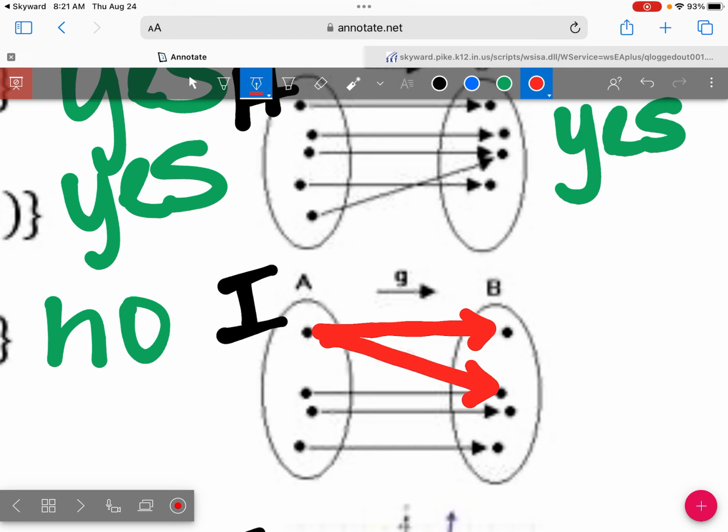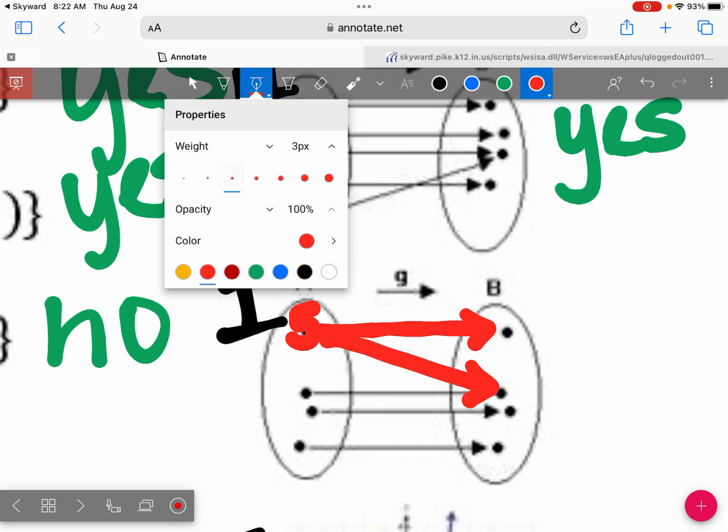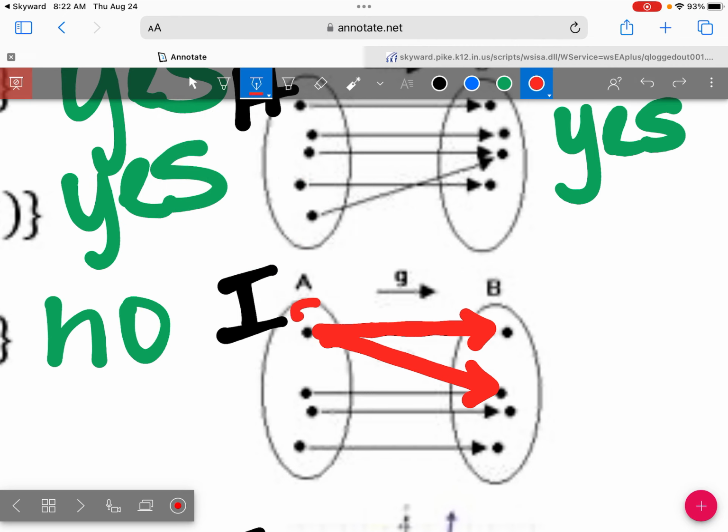So that means that this point, let's just say, for example, that number is 5. And we'll say that this is 1 and 2.